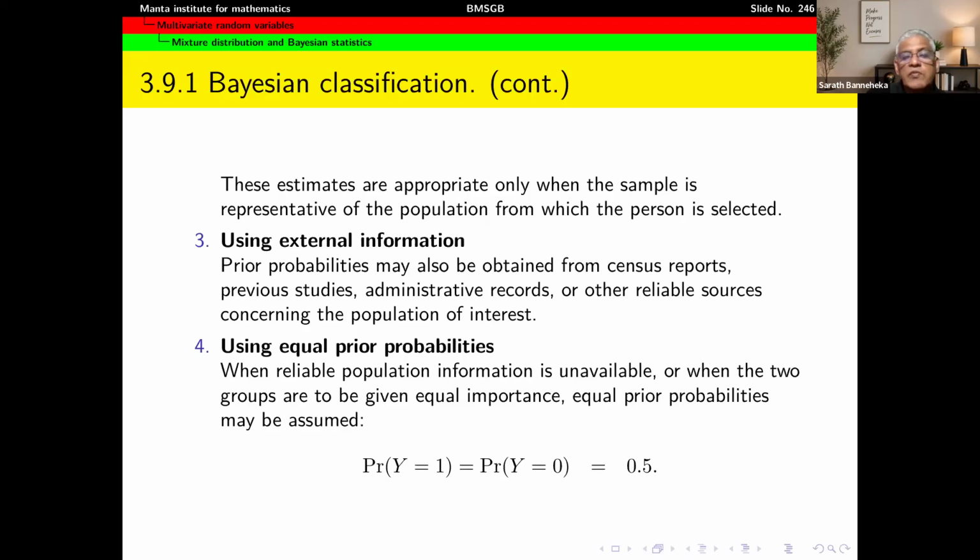When reliable population information is unavailable, or when the two groups are to be given equal importance, sometimes equal prior probabilities are assumed, like both probabilities being 0.5. So maybe we don't know them, but they are equally important to us. Therefore, considering that equal importance, you may take the probabilities to be equal.